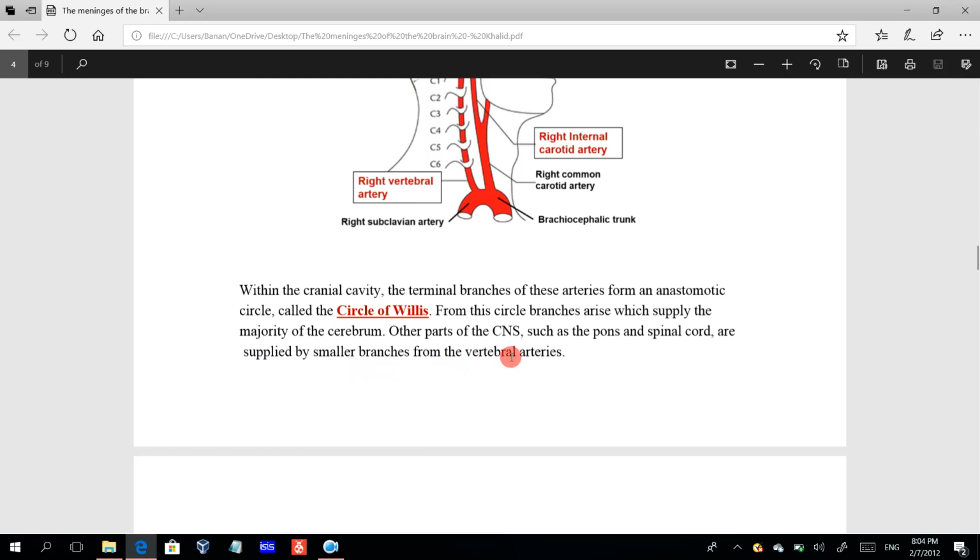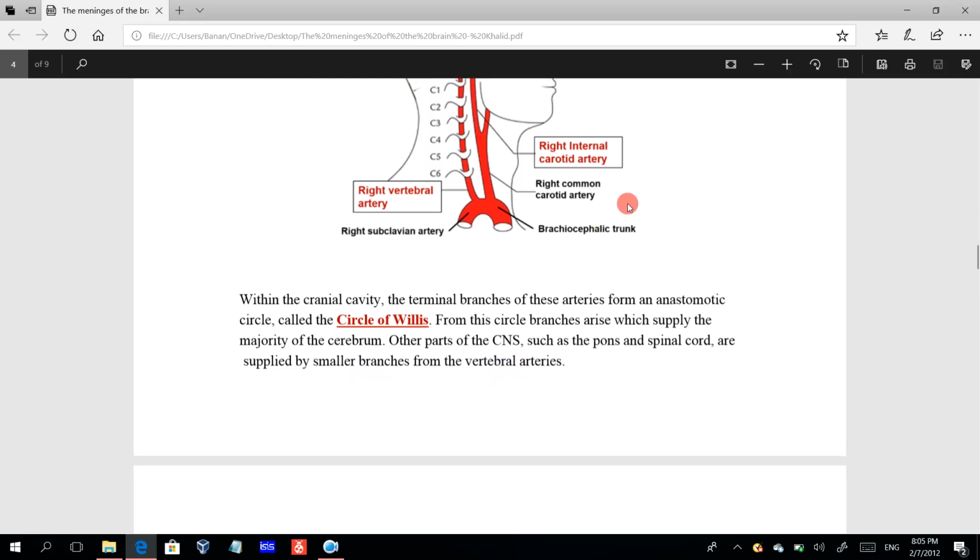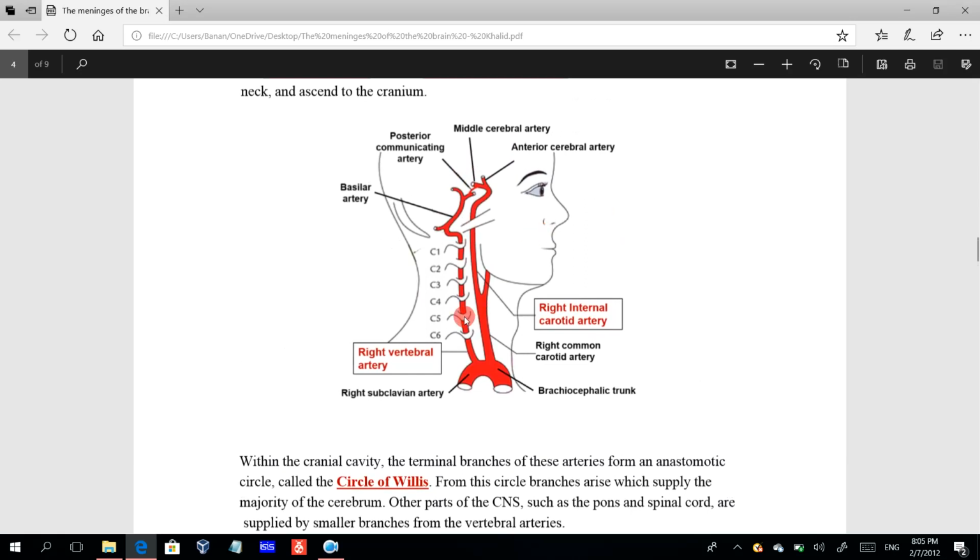See? So these two main arteries, the vertebral artery and the internal carotid artery, of course on the right side, and from the other side, the left side, once they enter the cranial cavity, the middle cranial fossa, the under surface of the brain, will form a circle-like anastomosis, and this circle of anastomosis is called the circle of Willis.